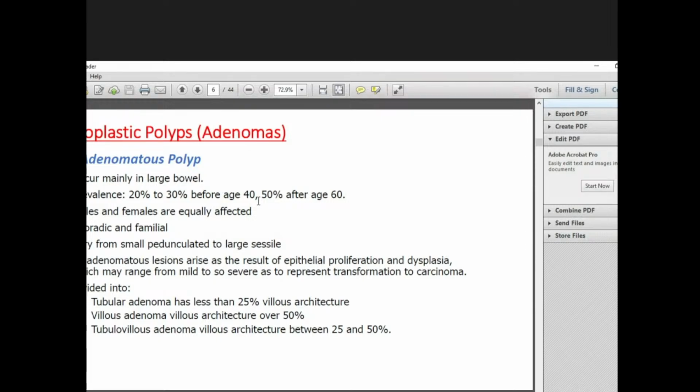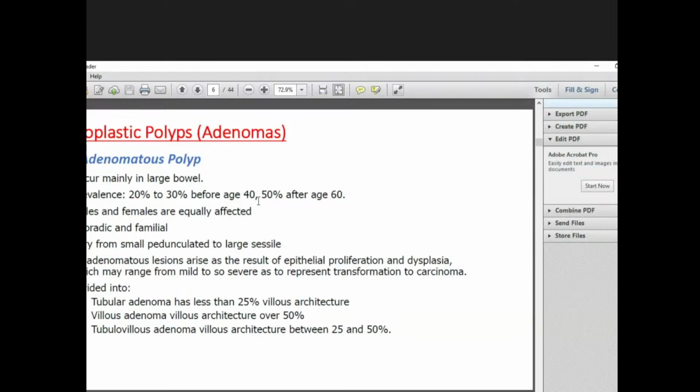They can be seen as sporadic. They can also have a familial presentation. They can be small, large, single, multiple, pedunculated, or sessile. This is the neoplastic one, so there is definitely epithelial proliferation and dysplasia, which may range from mild to severe dysplasia, and they can undergo carcinomatous changes.